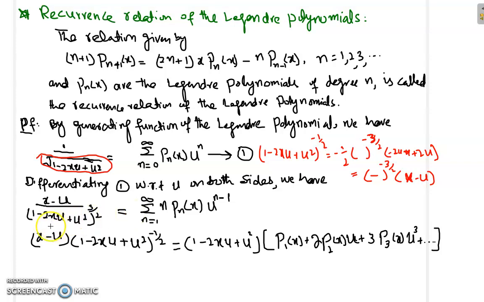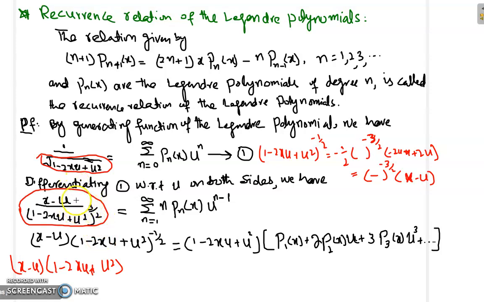So now we simplify this (x minus u), and we split this into the product of two expressions. How do we get this one? We can write it as (x minus u) times (1 minus 2xu plus u squared) to the power minus 3 by 2.